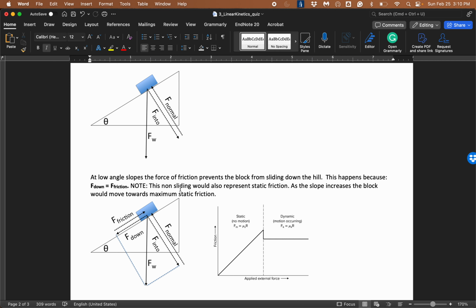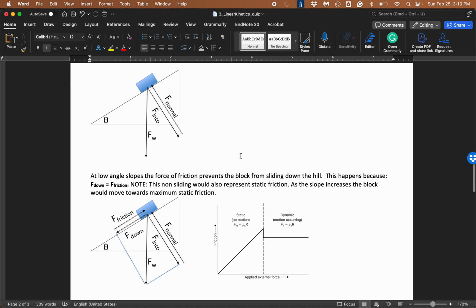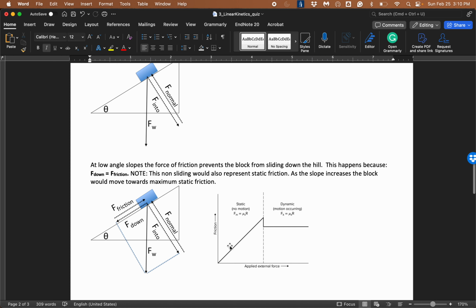When we're talking about something on a sloped surface, as the angle of the surface gets higher and higher, there is a chance that the object will begin to slide. Up until the point where it doesn't slide, as the angle gets higher and higher, it's building static friction. Static friction is where we're not moving.